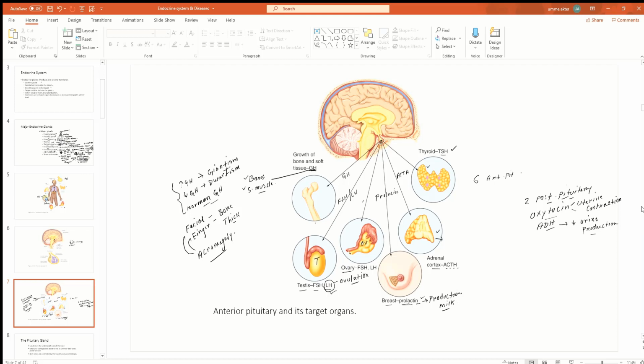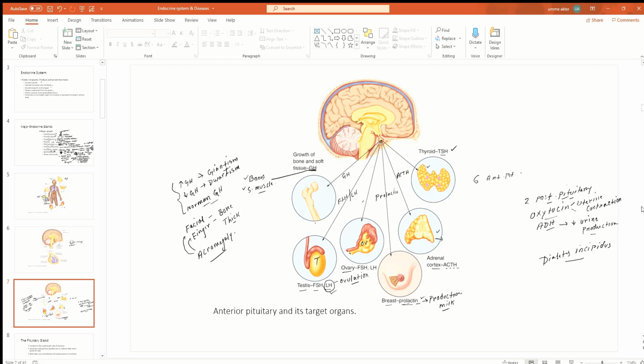Now, there is a clinical condition called diabetes insipidus. It is not diabetes mellitus, which is commonly known as diabetes and related to sugar and insulin. That is a different type of diabetes.